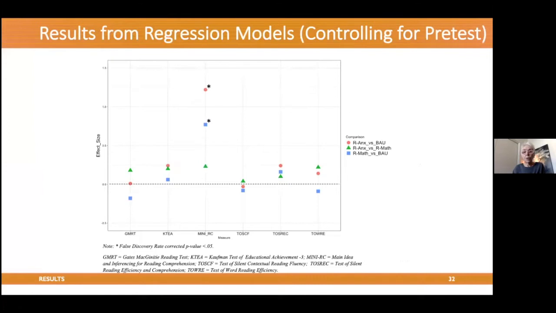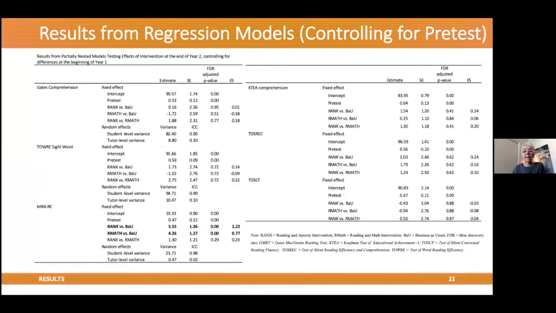If you look at the results from the regression models provided here, the red dot is the reading and anxiety, the blue triangle is the reading and anxiety versus math, and then the math versus BAU is the square. And the results from the regression models are represented here.